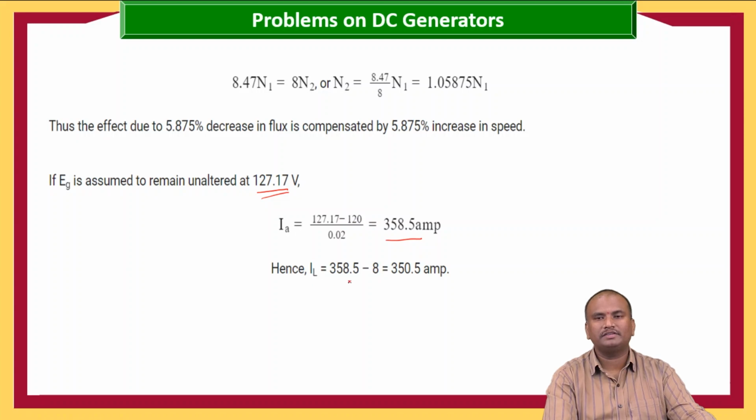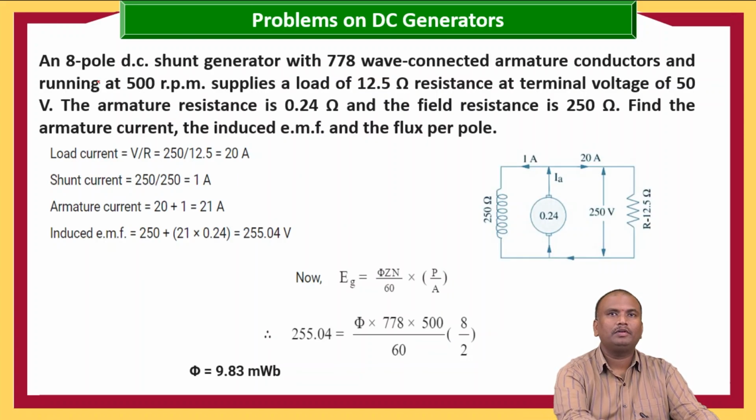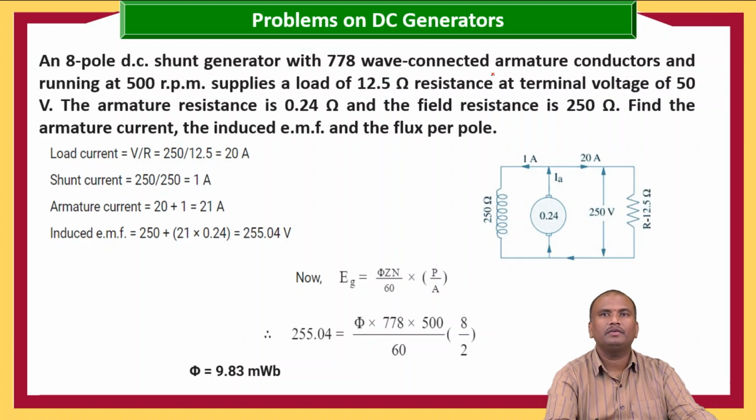Hence the load current is equal to Ia minus ISH, that is 358.5 minus 8, which is equal to 350.5 amperes.